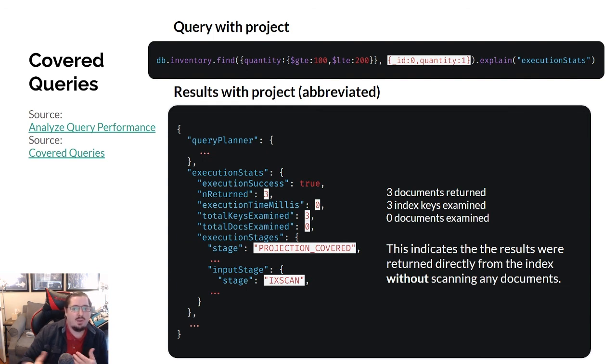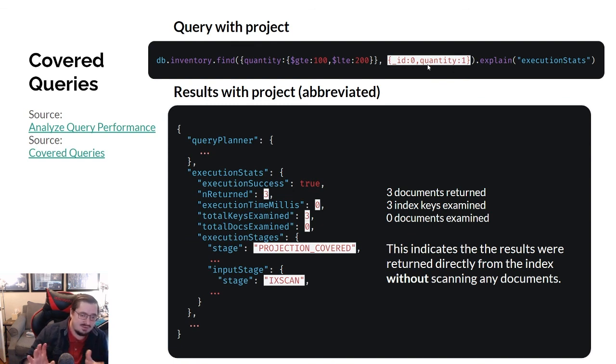There's an additional performance optimization I want to mention. There's something called a covered query. A covered query is where it can do the entire query just using the index. So here, in addition to those filter criteria, I've added a second argument, which is the projection.